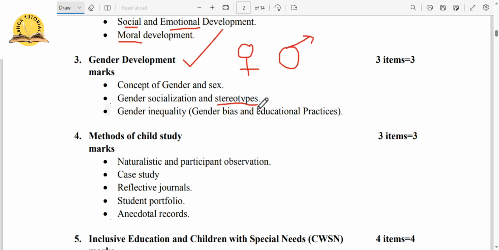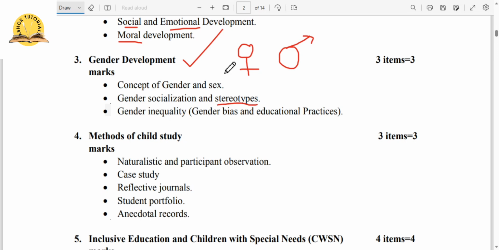Then we have gender inequality. So gender inequality means gender bias in educational practices. So we will study the differences between male and female, then what inequalities are done to different genders, then how we can socialize them, then what the stereotypes or preconceptions in our minds are that have to be changed.